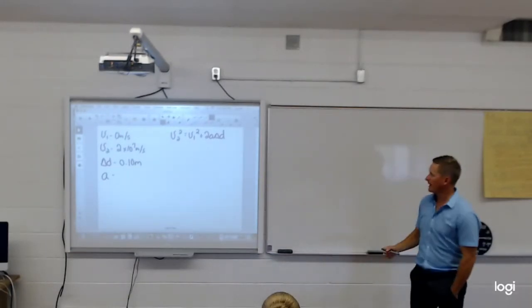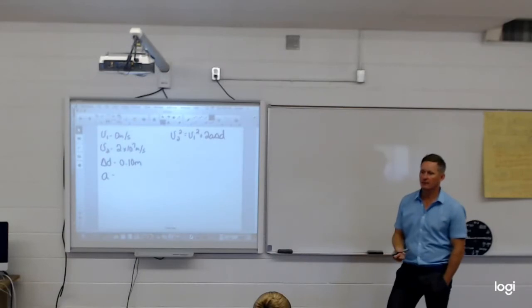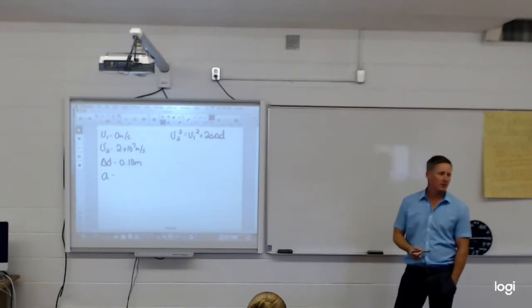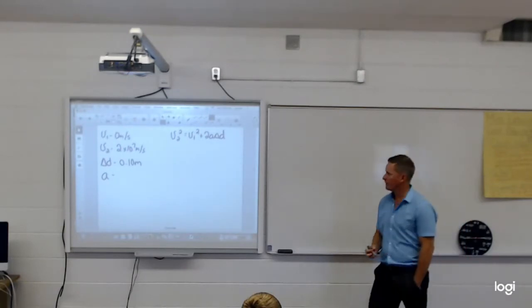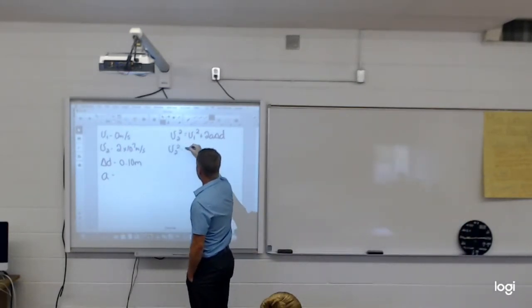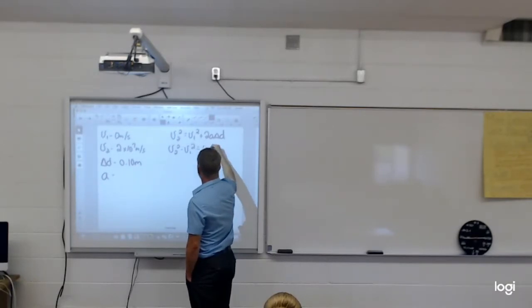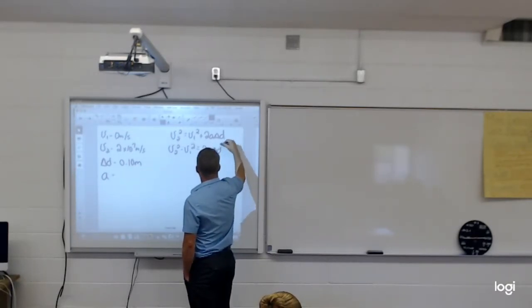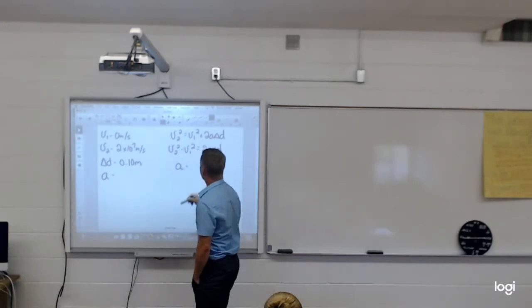All right, I need to isolate for A here. So what's the first thing we want to do to isolate for A? Very good, Rex. V2 squared minus V1 squared equals 2AD. Now how do I get A by itself?